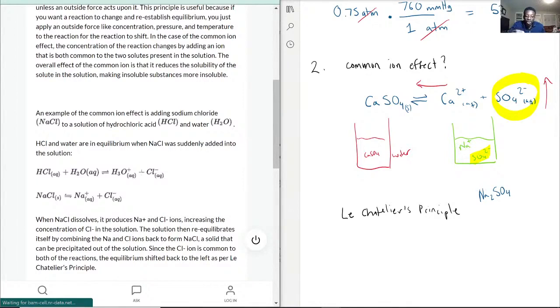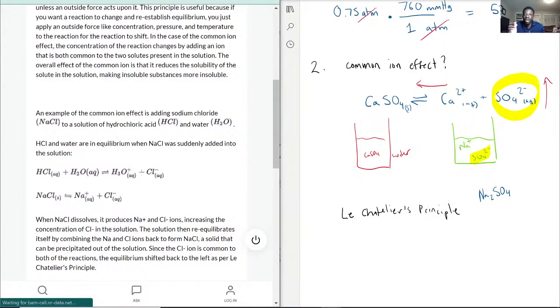The only issue with this example is that some things have extremely high ionizing capability, like their K value. It means that when you put it in water, they like to completely separate. So even in the presence of sodium chloride, it will still most likely produce just as much H3O and Cl minus, just because that's how much it likes to dissociate in water.